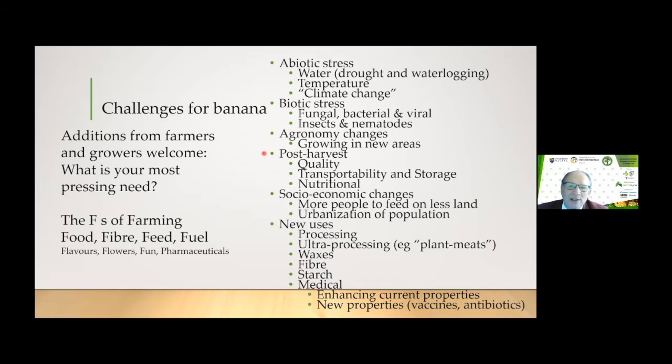Of course, that means that all the fruits, and particularly bananas, have to be harvested, sold to middlemen, transported into the towns. And these are all giving challenges for transportability and storage. And of course, if you ever visit a tropical market, you will often see behind, in the back of the stalls, huge amounts of bananas being disposed of.